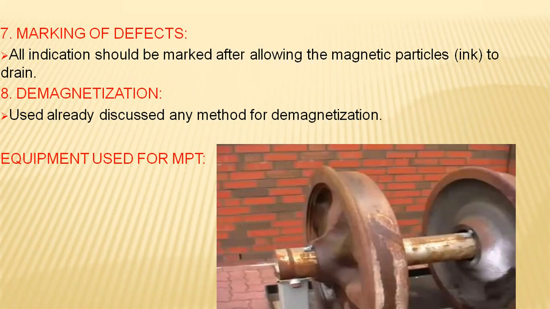Next, finally, after removing that, we can call this particular step post cleaning. So initially apply the ink for identification, perform the magnetization process, inducing the magnetic field and applying the particles over the surface.